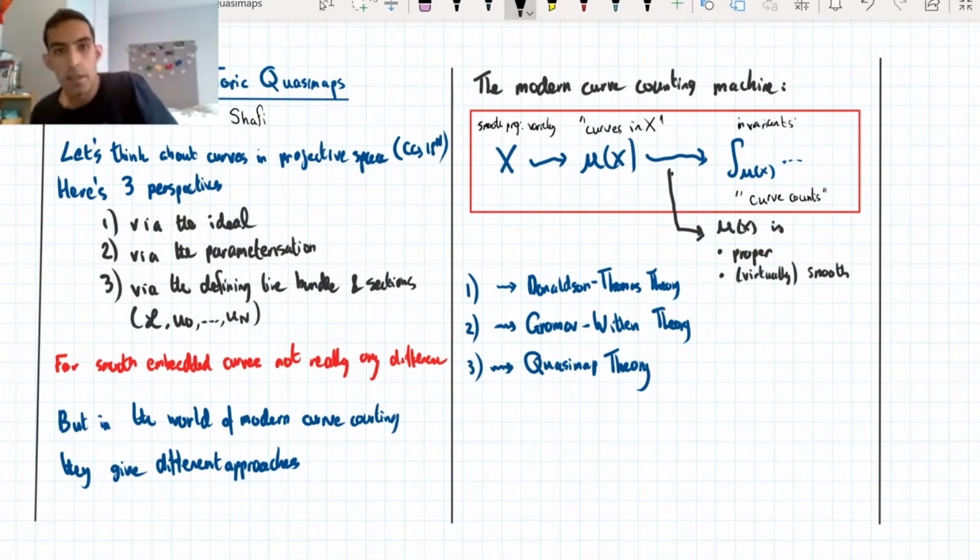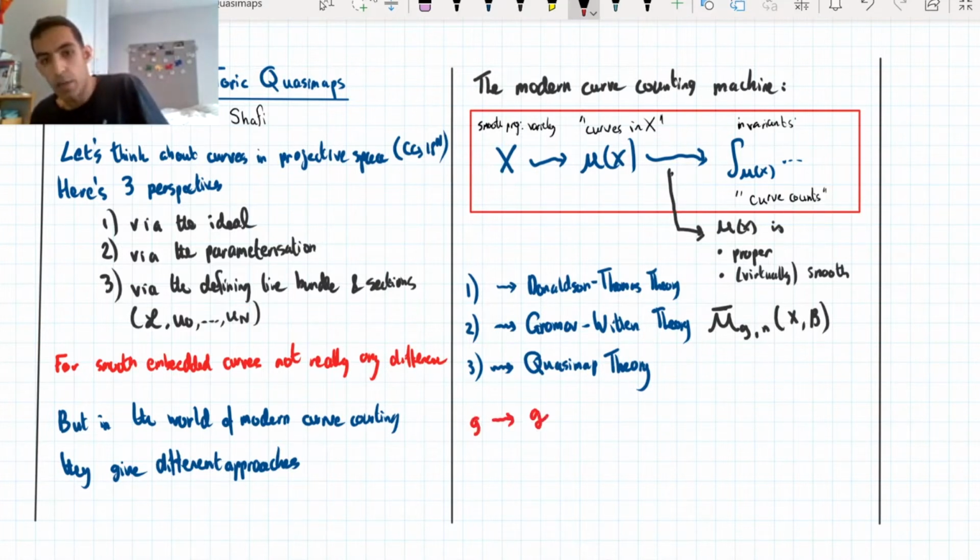So what are the moduli spaces? I'm going to ignore one from now on. But for two, this is the moduli space of stable maps. I added some numbers here. The number g means I'm going to keep track of the genus of the curve. Beta means I'm going to keep track of the degree of the curve.